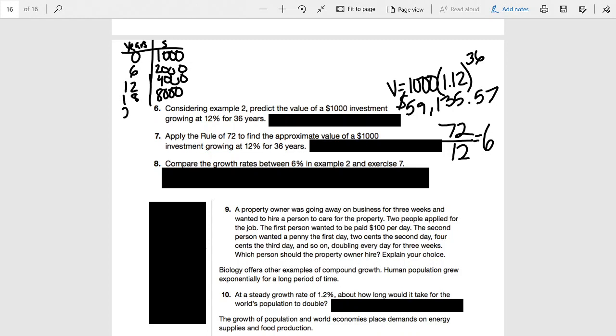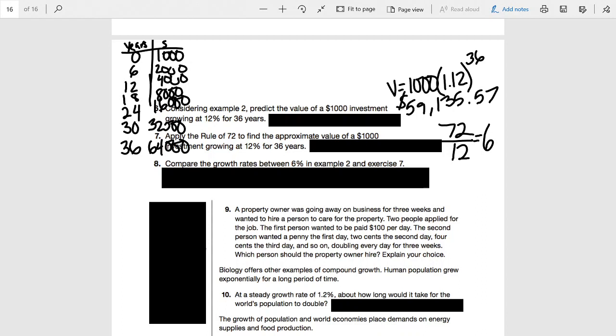By 24 years, I'm going to be at $16,000. And by 30, we're almost there. We're going to be at $32,000. And here's my 36 years. I'm going to be at $64,000.